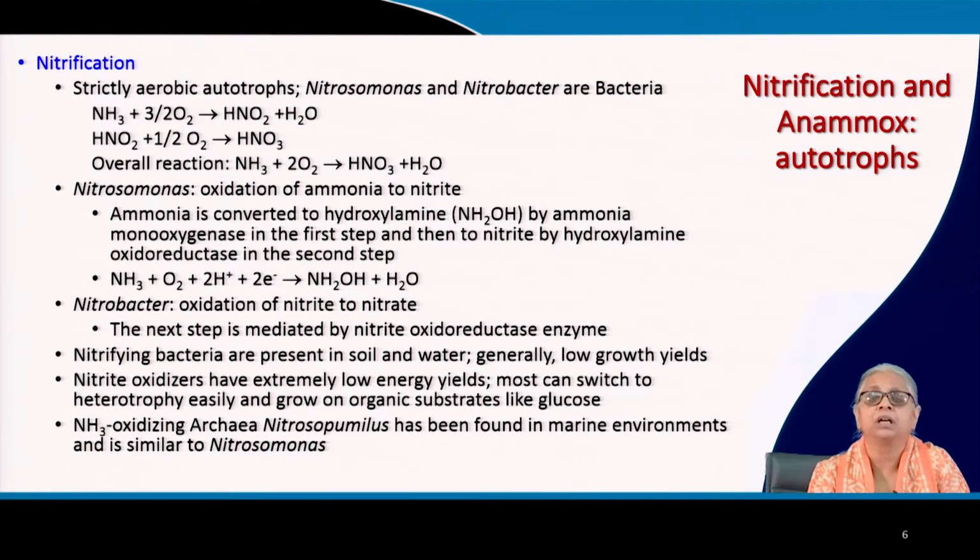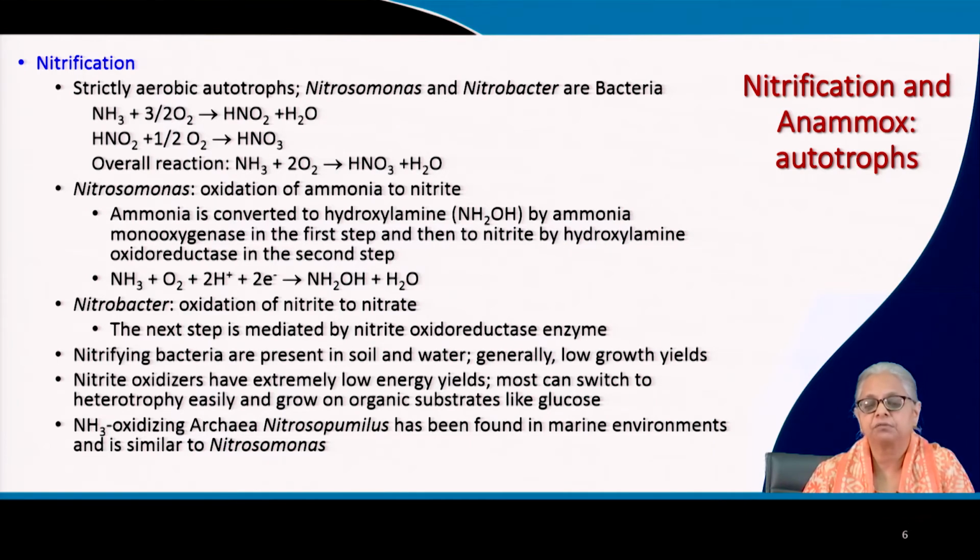Now this ammonia conversion to nitrite and nitrate is mediated by Nitrosomonas and Nitrobacter. These are specific species of aerobic autotrophic bacteria that are responsible for oxidizing ammonia to nitrite and nitrate. The first step, Nitrosomonas, is the species that will oxidize ammonia to nitrite. This one-step process, which we generally talk about as ammonia to nitrite, is actually a two-step process.